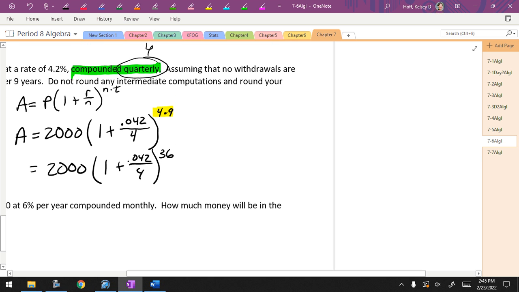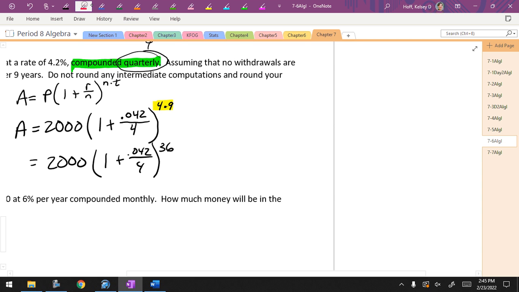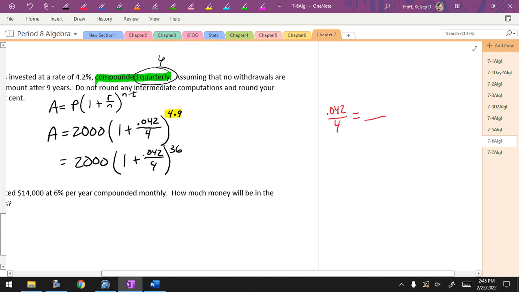What is the first thing I should type in? No. Because we need to go inside our parentheses, and inside our parentheses we need to divide. So first you would type 0.042 divided by 4. Hit the equals button, and you have a number on your screen, yes? Now what do? Plus 1. Hit the equal button. You have a number on your screen. Now what do?